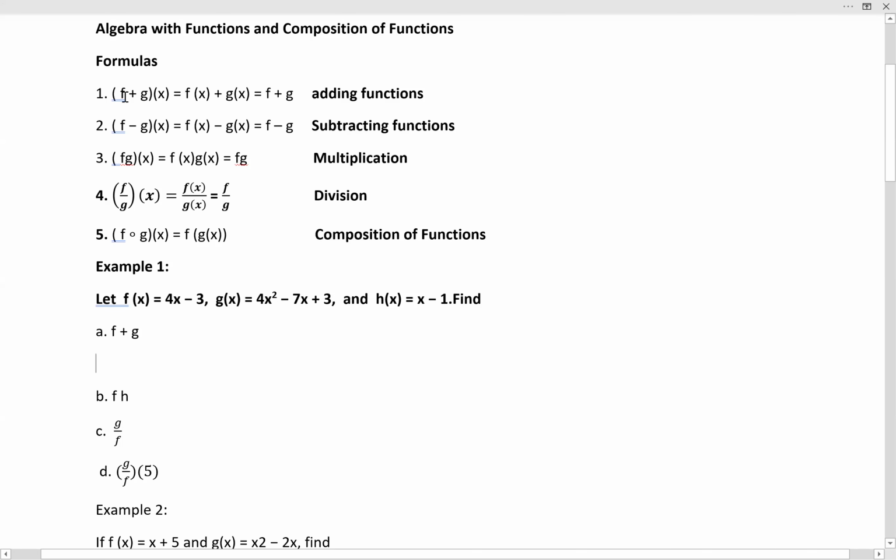So it is f plus g. f plus g actually is (f plus g)(x), the same, in short. So I'm going to write f plus g will be equal to f(x) plus g(x).